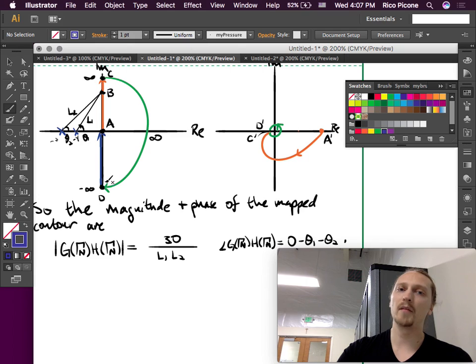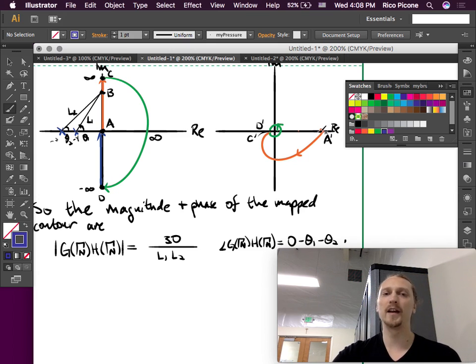Meanwhile, the magnitude is going to increase all the way up to, it's got to match up here. Started off at A, we better end up at A prime.